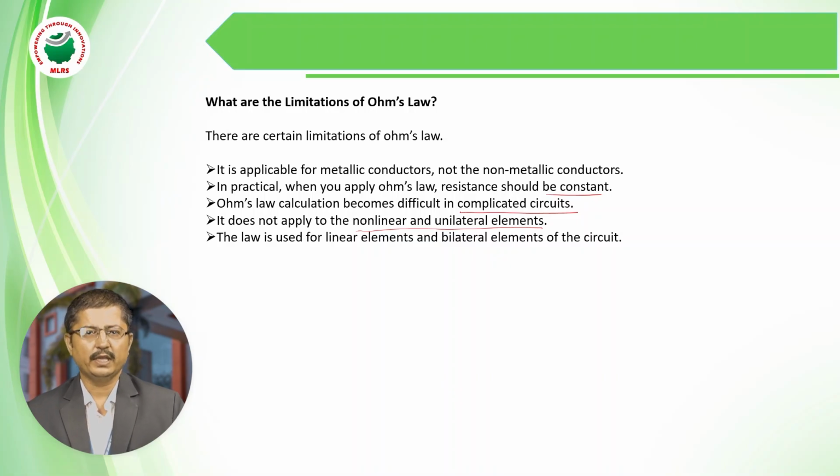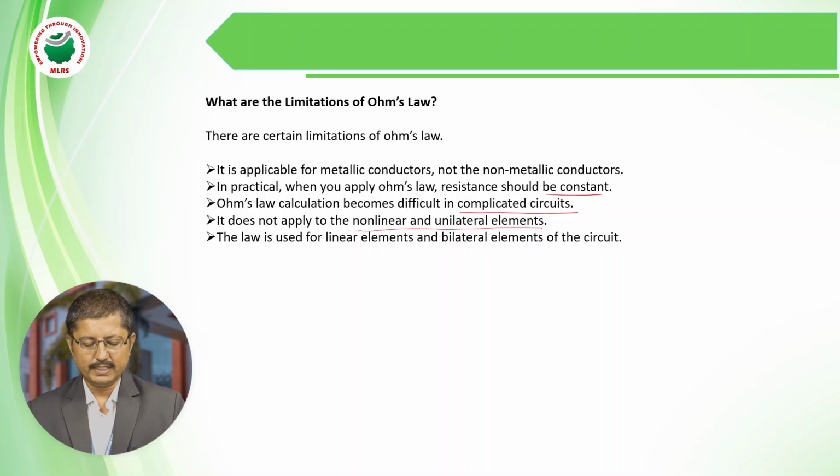There we cannot apply Ohm's law. This law is used only for linear elements like resistor, inductor, and capacitor, and bilateral elements of the circuit. So these are the limitations of Ohm's law.